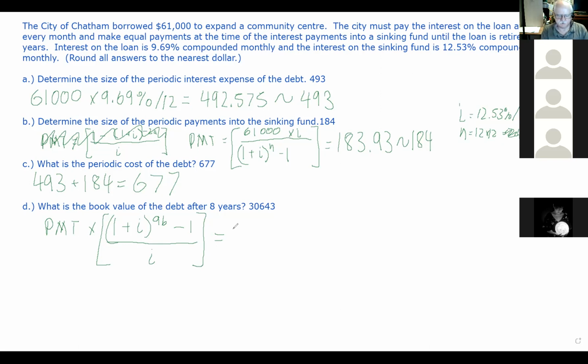And that gave me 30145.25. But if we're rounding everything to the nearest dollar, this is 30145. And so we have to take this away from the 61,000 to get the book value.